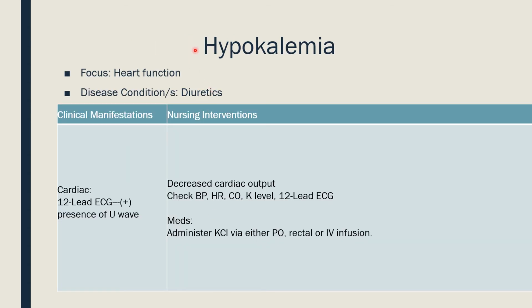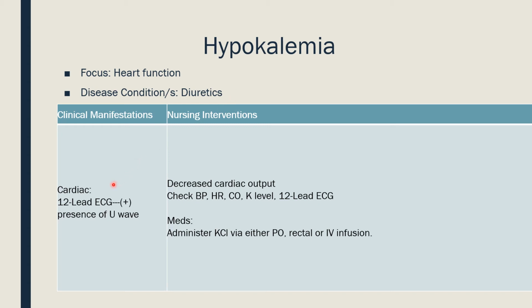Now let's look at hypokalemia. So hypokalemia means there's low potassium in the blood. The most common cause of this is giving diuretics to your patient, especially loop diuretics like furosemide and bumetanide, which can cause hypokalemia.